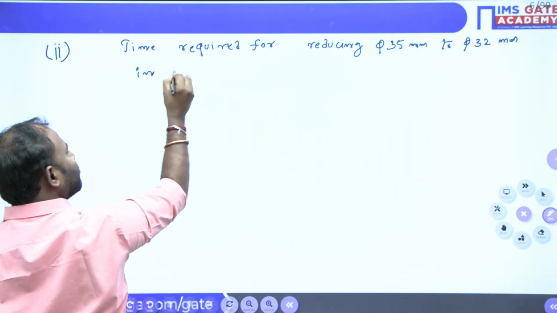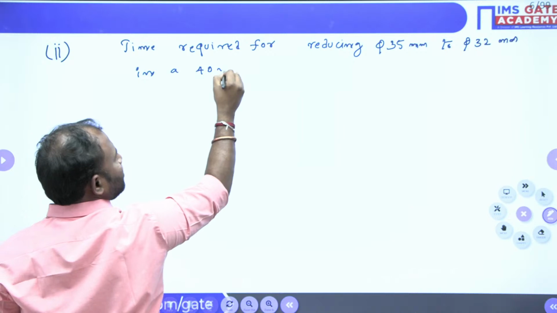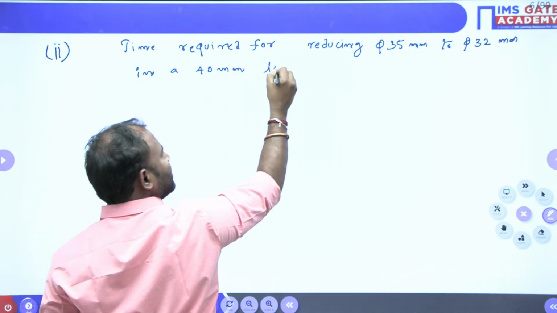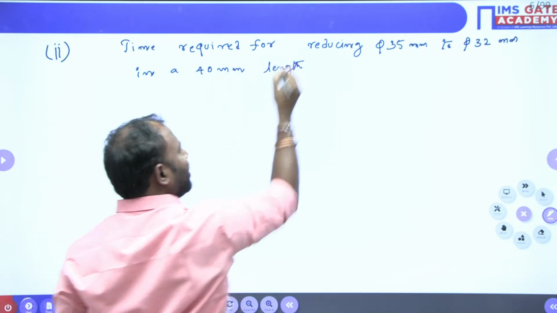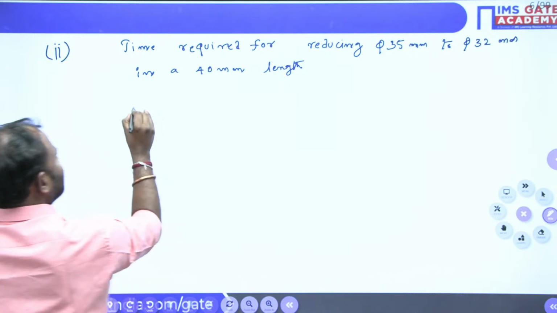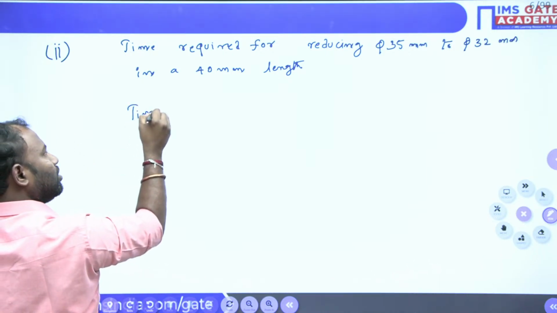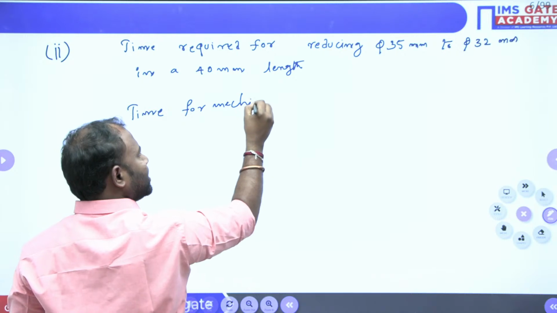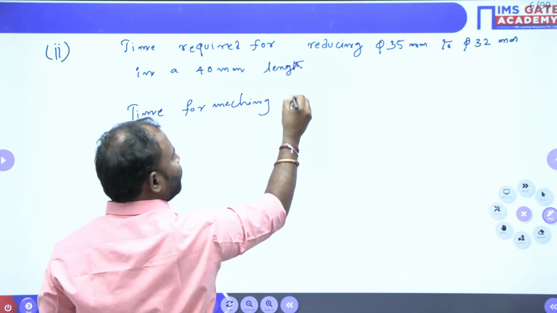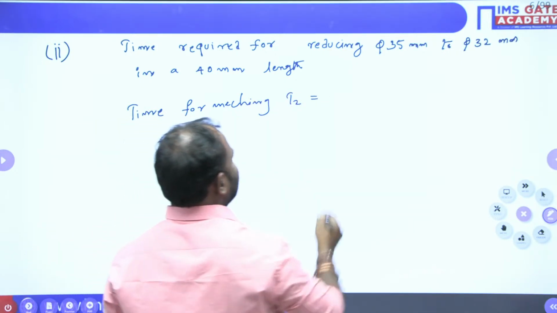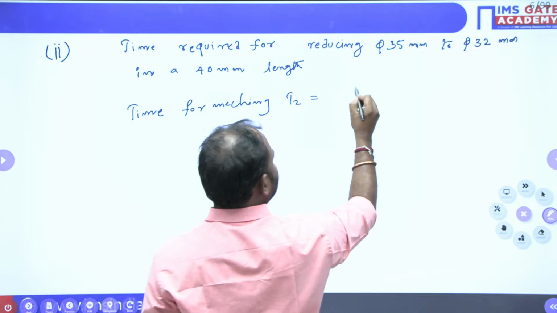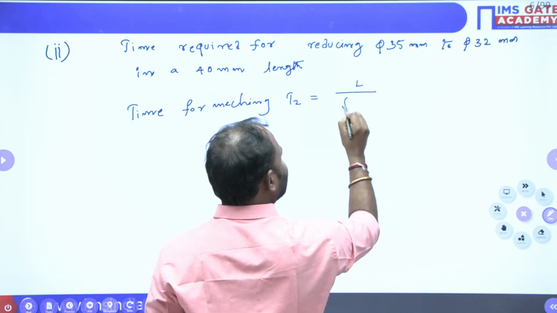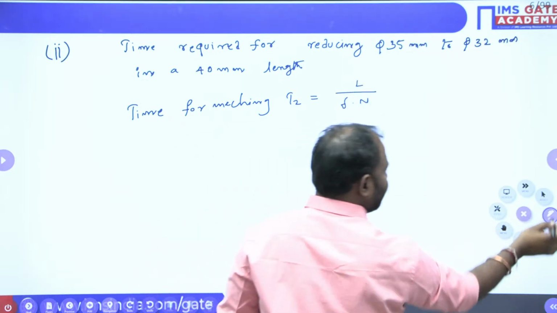Now the time for machining, for the second step we say T2, is equal to L by F into N.